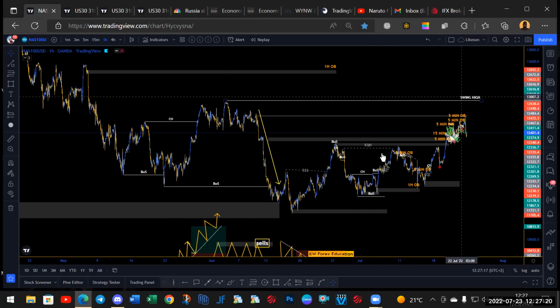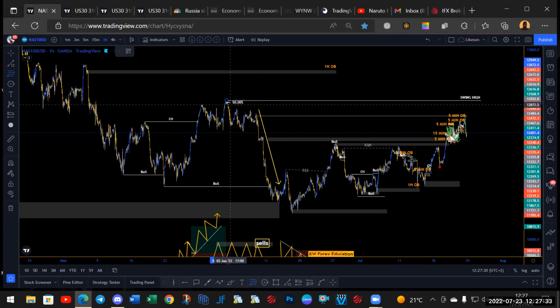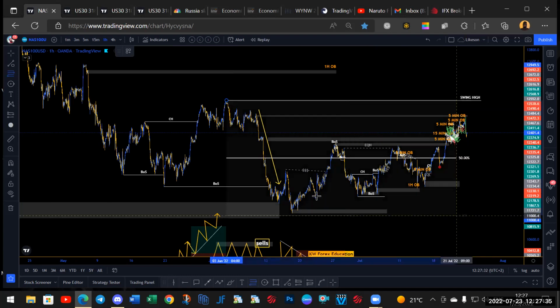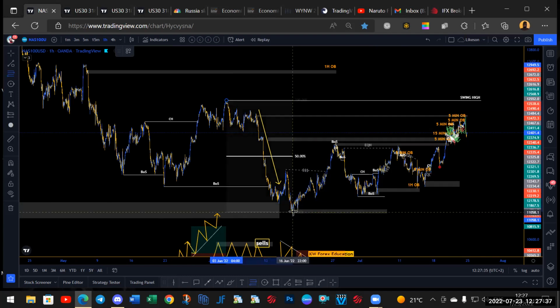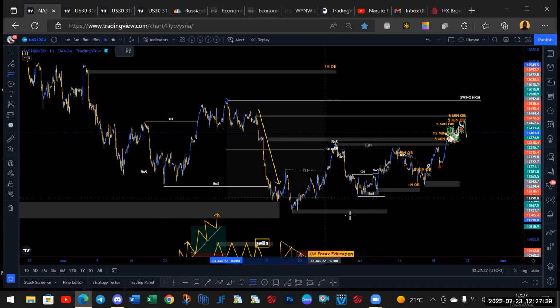So we look at areas, because when you do this, you can even use your equilibrium, because this is the lowest point it came before this mini uptrend.